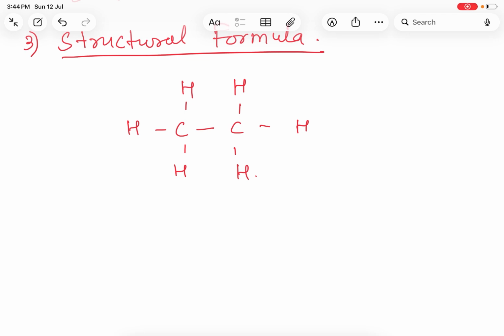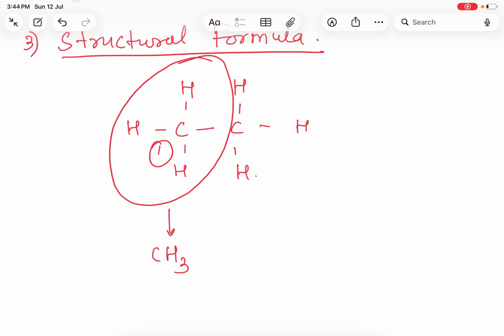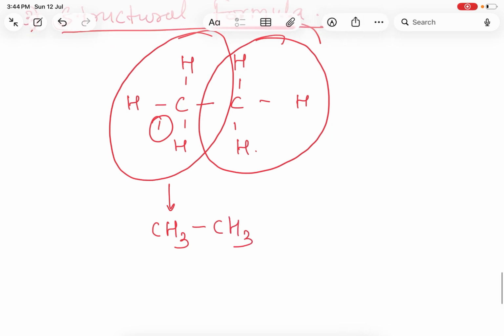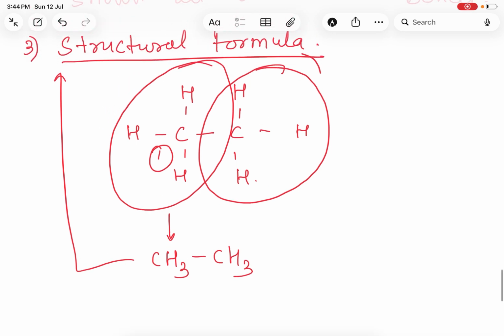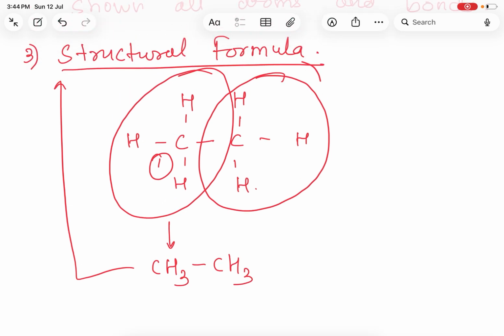So here I will divide the compound into parts. I have this first carbon which is attached to 3 hydrogen atoms, so we can say that is a group. So I will write it here, CH3 together. Then I have a bond in between. Again, I have a second carbon with a group of 3 hydrogens, so I will write CH3 here. This becomes my structural formula.